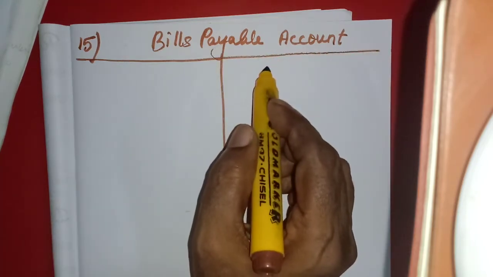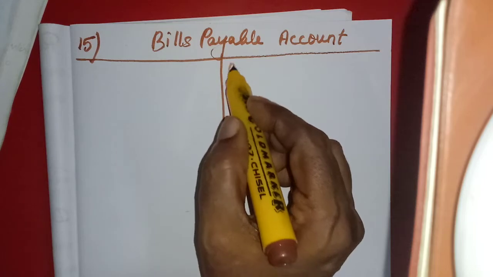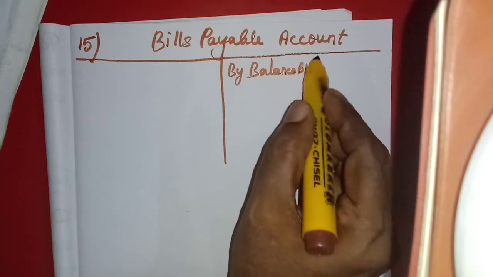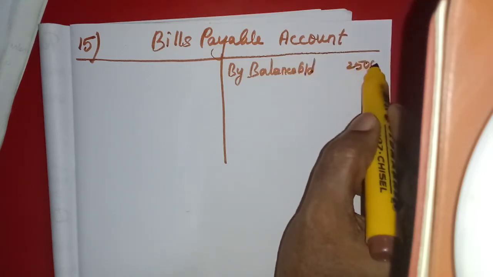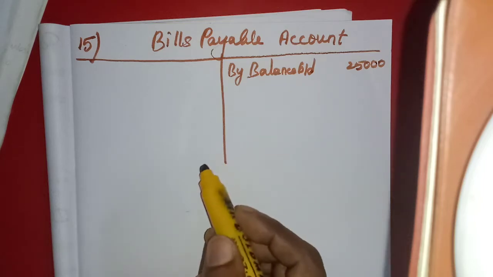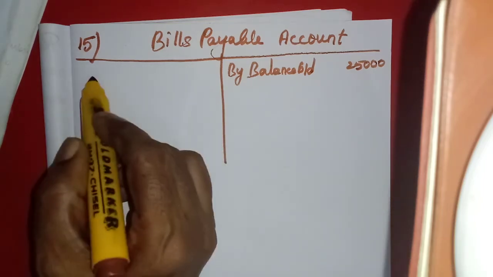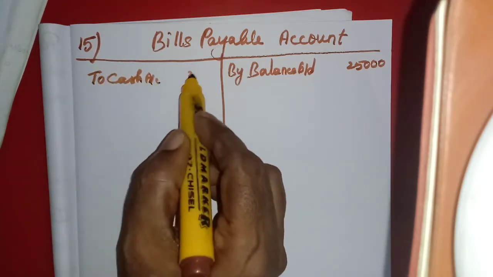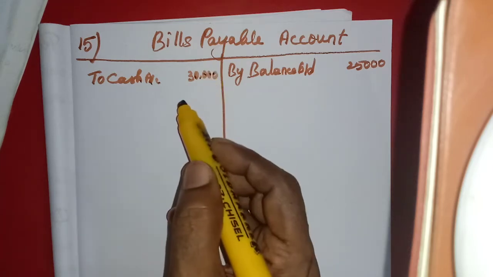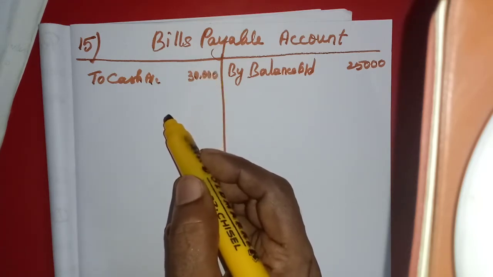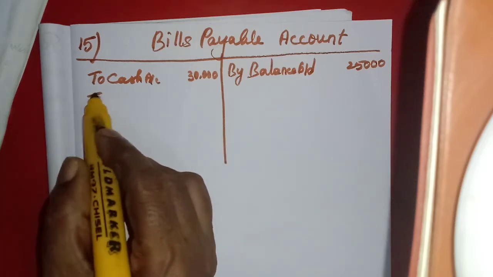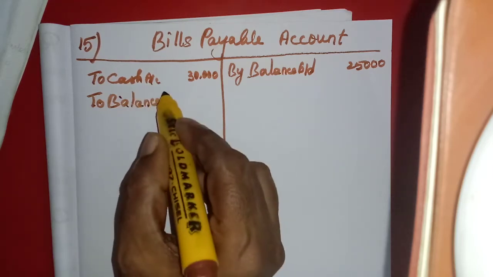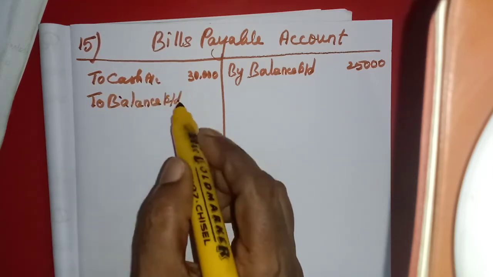Okay, first opening bills payable, by balance brought down, 25,000. Then paid for bills payable to cash account, 30,000. Okay, then bills payable closing balance carried down, 20,000.